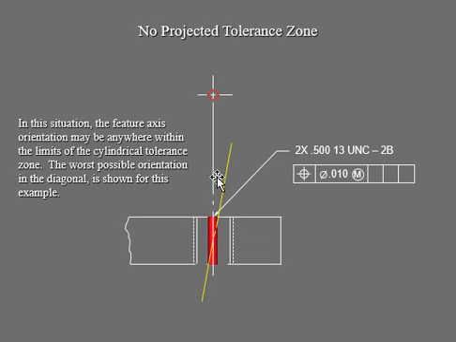But that's okay, it's just the worst position that you account for, so you won't make errors more than that, and your errors are going to be included in your tolerance. So that's the best practice to do it so far. So the worst possible orientation is this little diagonal yellow line right there, okay, in this example. So your feature axis orientation is going to be anywhere within that zone, okay?